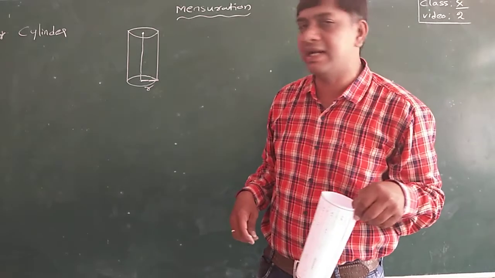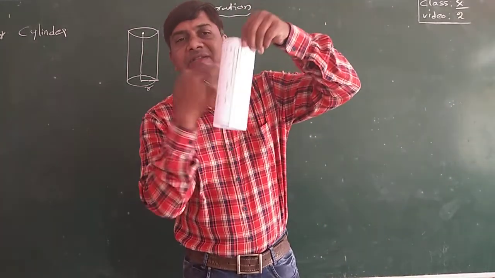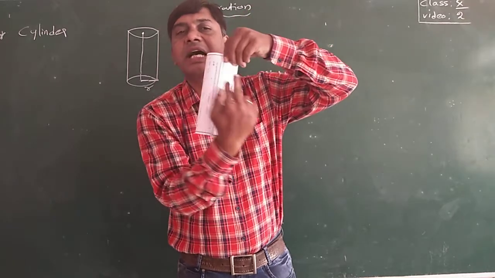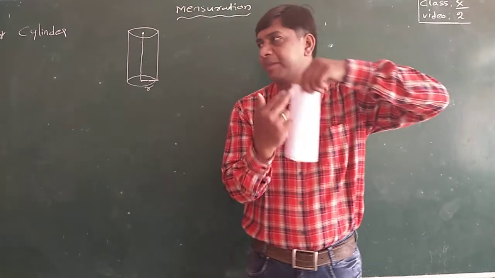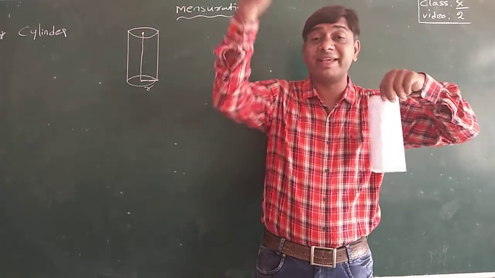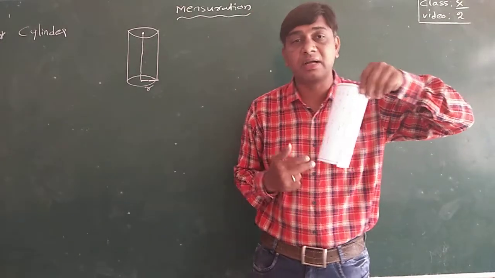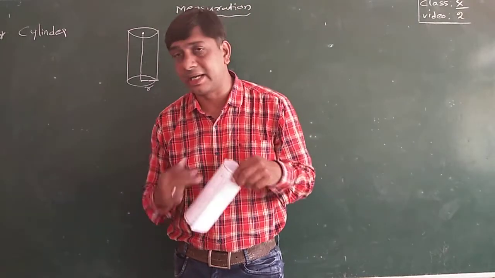Since it is made with a curved line, we call it the curved surface area. In the previous cube and cuboid, we called it the lateral surface area.